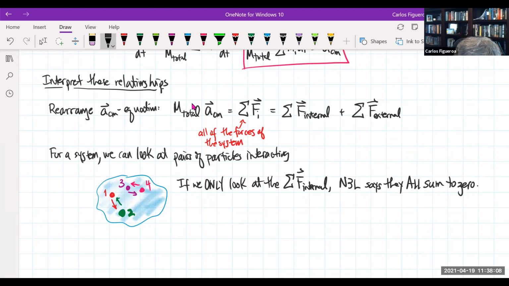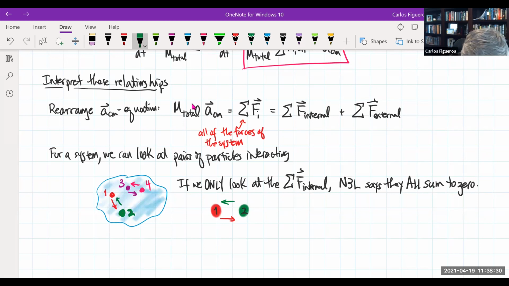Because anytime I have a particle like this guy, particle number 1, and then I have particle number 2, we see that these guys are always going to have equal and opposite forces here.